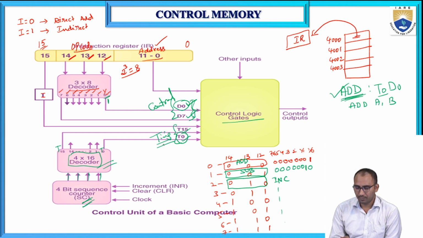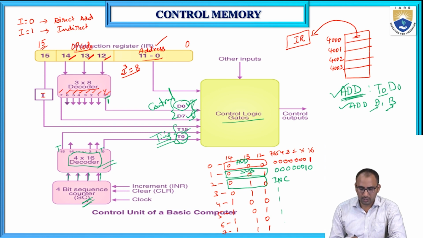When this addition operation is performed, the sequence counter will generate timing signals corresponding to register A and register B, only for registers A and B, in order to perform the addition operation.